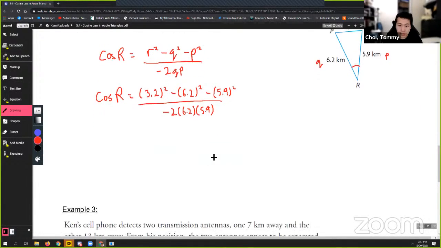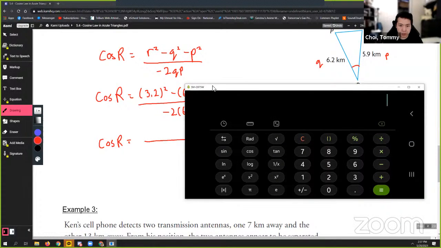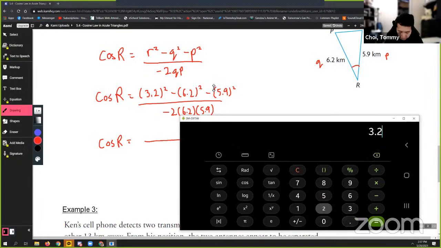If we do this one section by section, I say do the numerator all at once and then do the denominator all at once. So I'd keep the fraction line here. And so on my calculator here, I would do 3.2 squared minus 6.2 squared minus 5.9 squared.